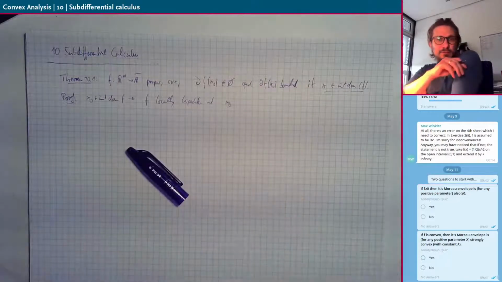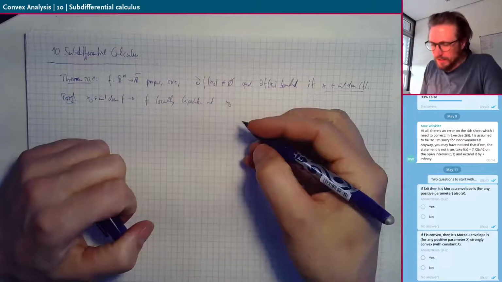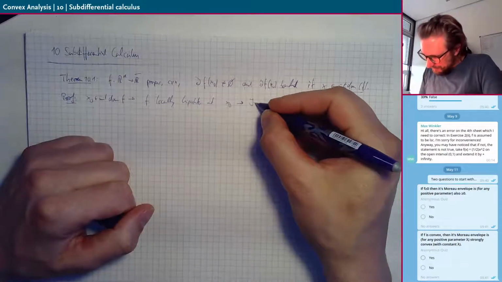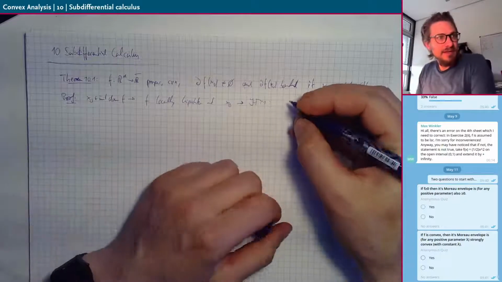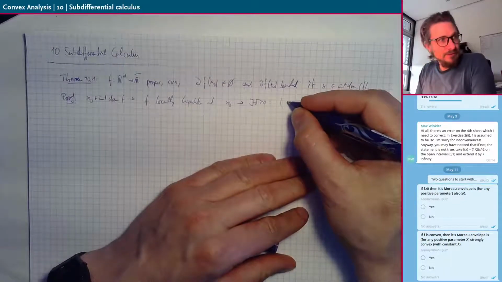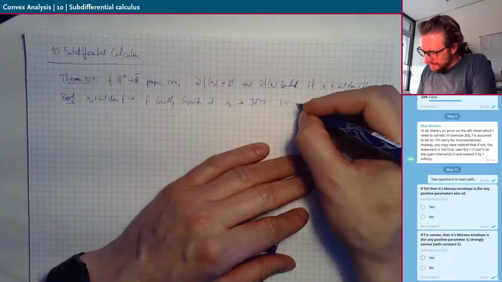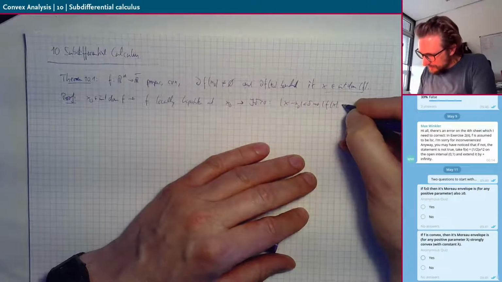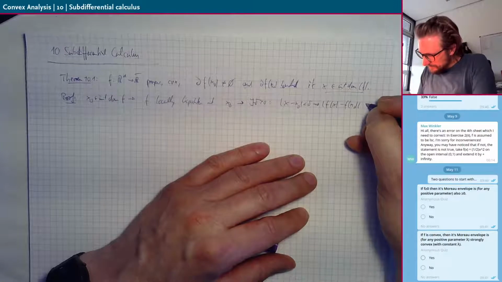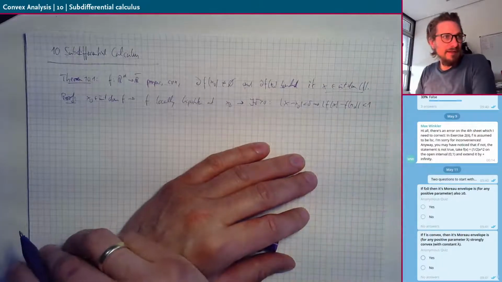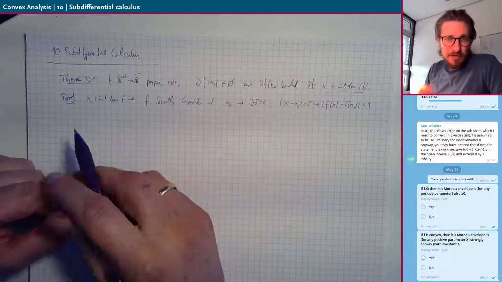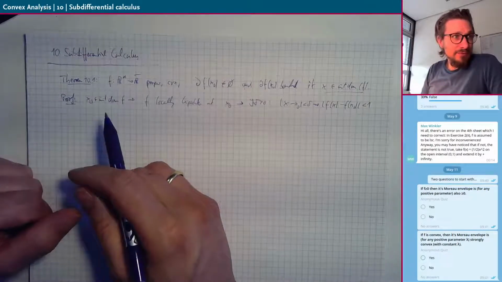This is proved in Lemma 6.1. So what does it mean? It means there exists a positive delta such that whenever the norm of x minus x0 is smaller than delta, then the images are no further apart than 1, for example. This is one way to write down local Lipschitz continuity.